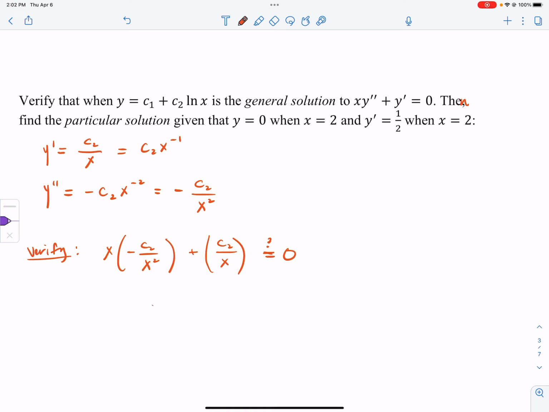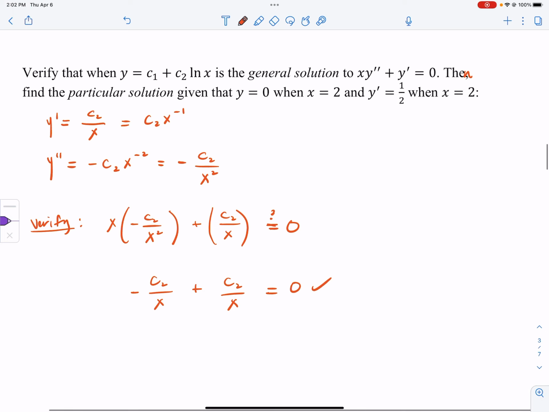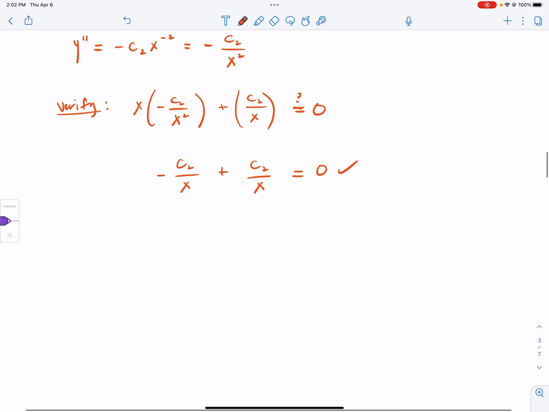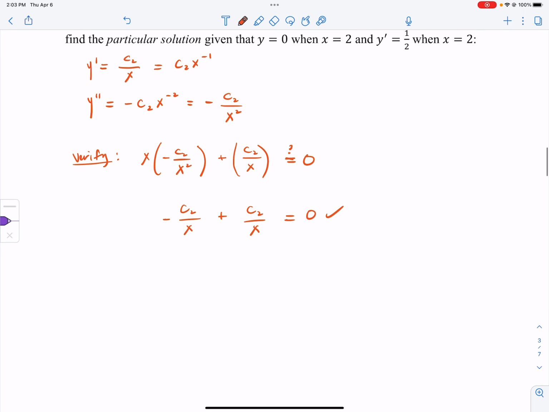And that would end up being negative c sub 2 over x plus c sub 2 over x, which is equal to 0. So yes, that is a solution. That is the general solution.